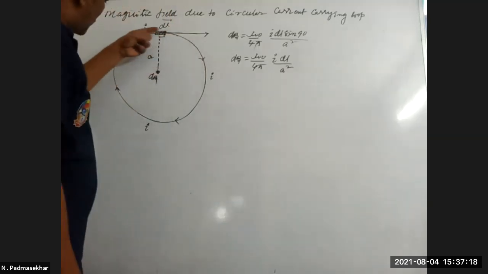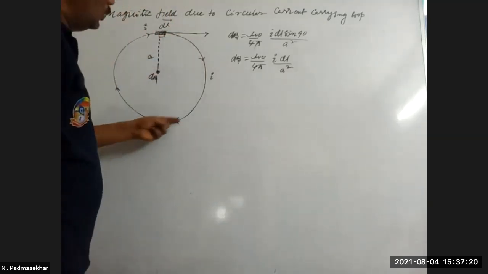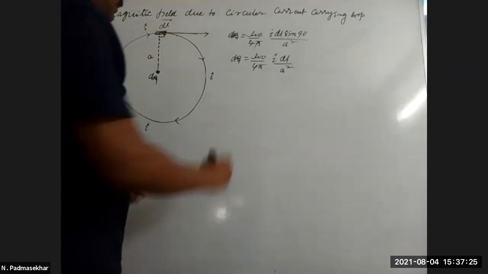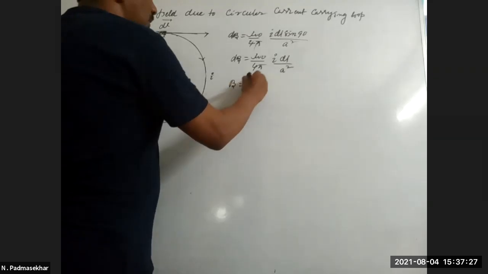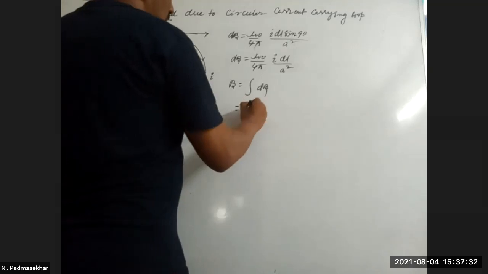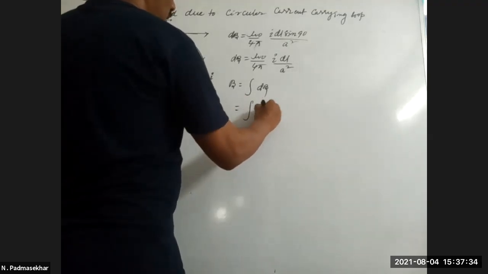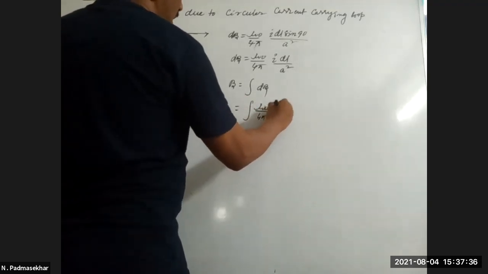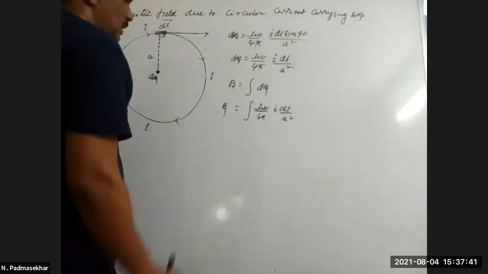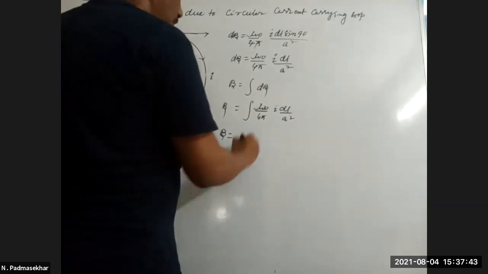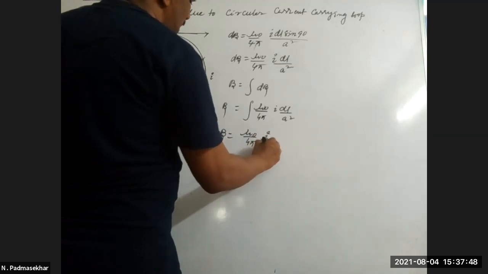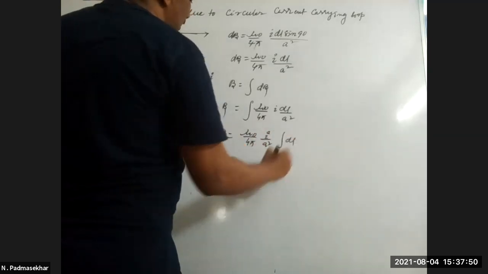So magnetic field due to the total current carrying loop, B is equal to integral dB, integral mu naught by 4 pi I dl by a square. So B is equal to mu naught by 4 pi I by a square integral dl.